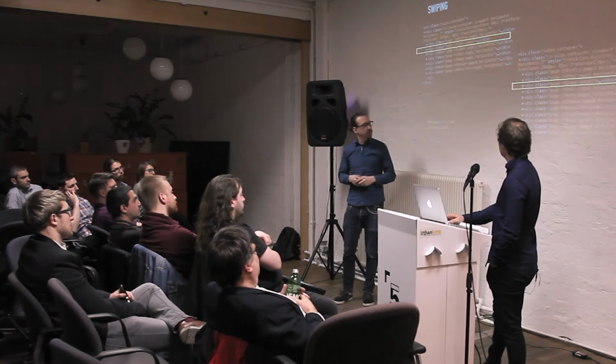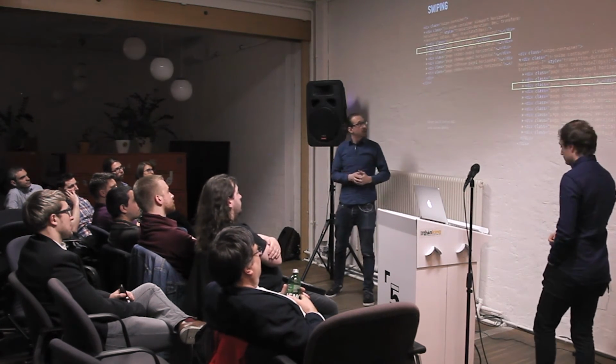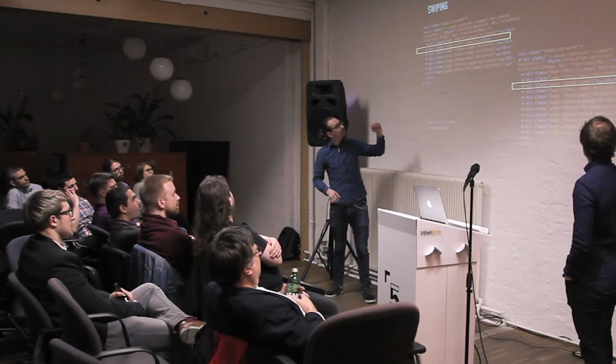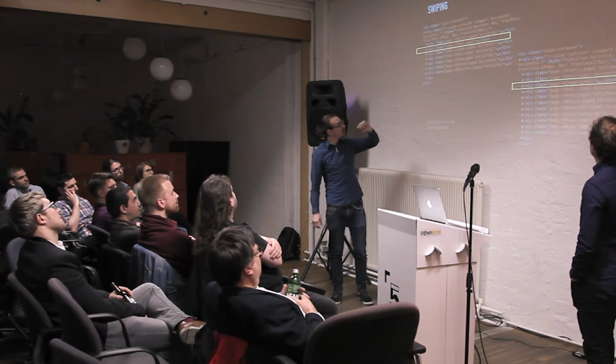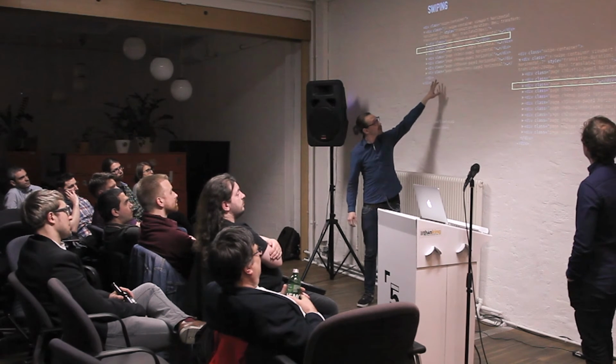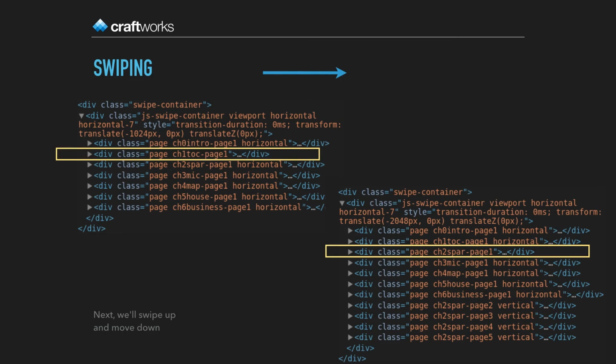Once we swipe to the next page, we see that in the last code example, the table of contents is still the page we have been on. And now we're not on the table of contents anymore, but on this page.